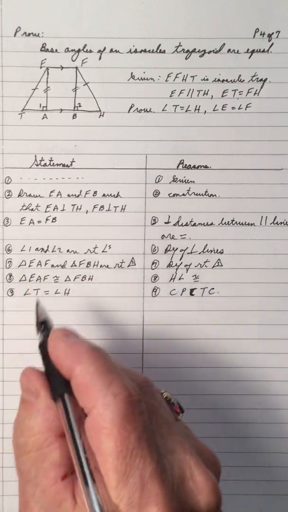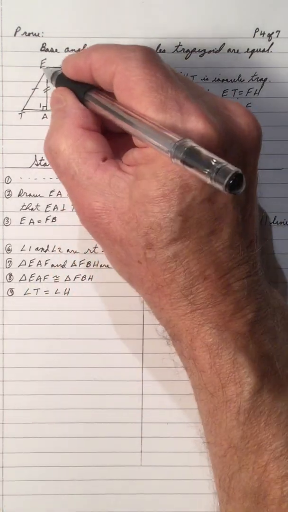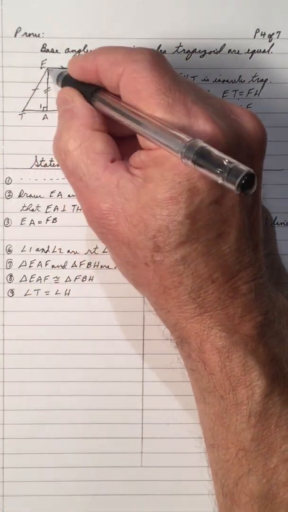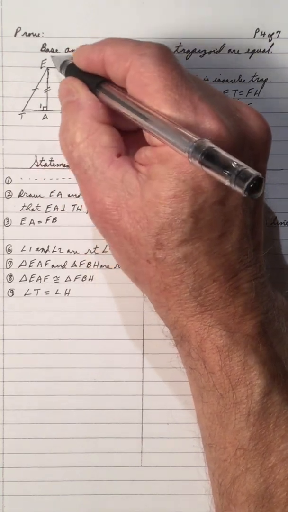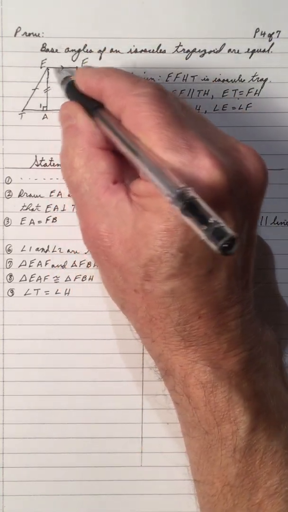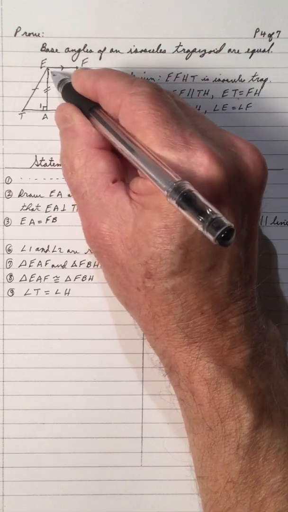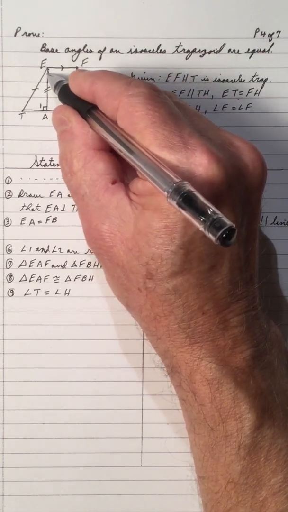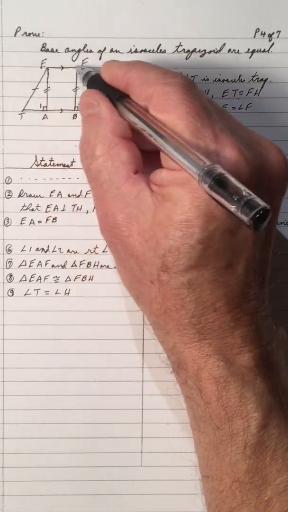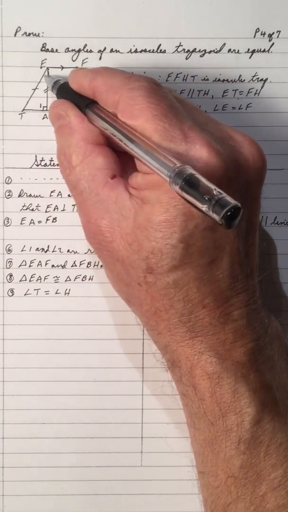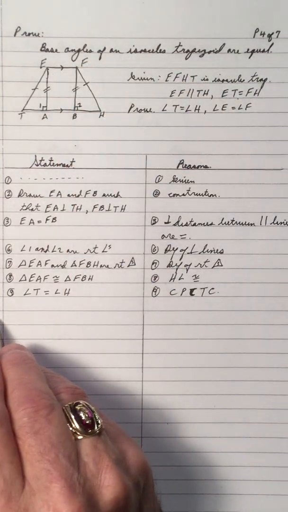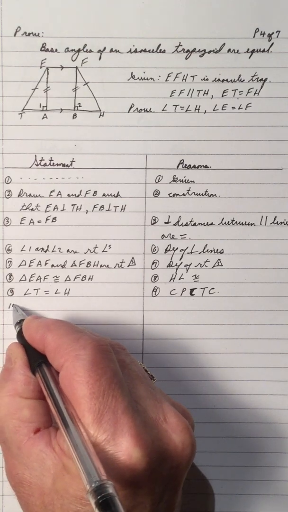Now we need to get the other angles, but because I've drawn these perpendiculars here, then I have the angle E and the angle F. There are three angles at TEF: the big angle and the two small ones. So let's continue.